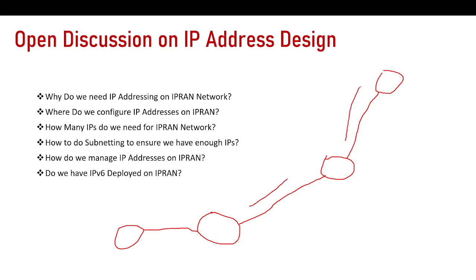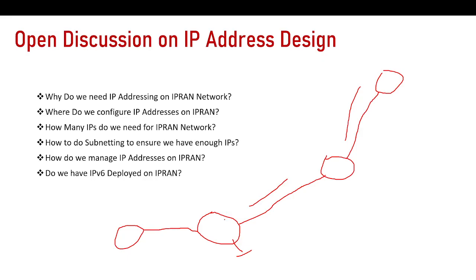So we'll be configuring IP addresses on these connections, and then we also need to manage this device. For us to be able to manage this device, we need to give it a unique IP address so that we can access it remotely from the NMS. So where to configure the IP addresses: the point-to-point connection between different nodes, and on the device itself, we also need to give it an identity.